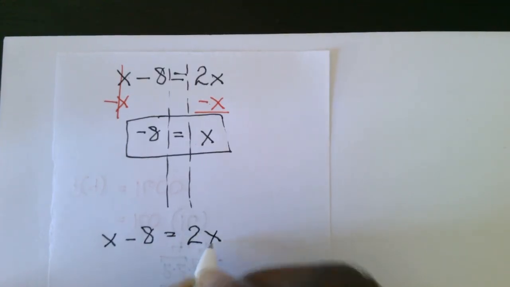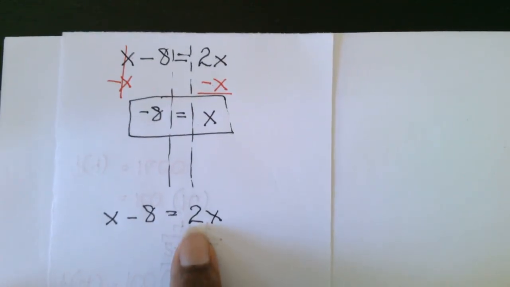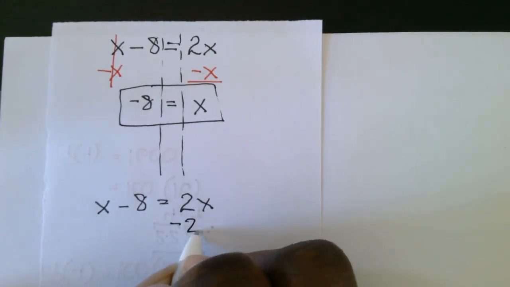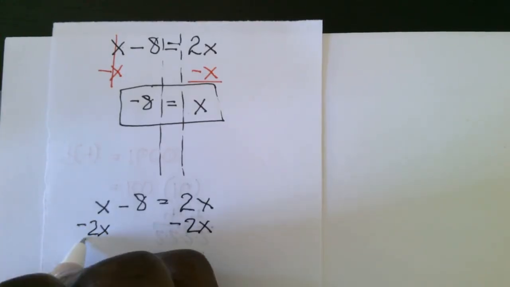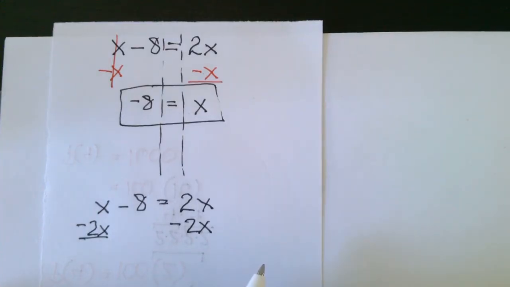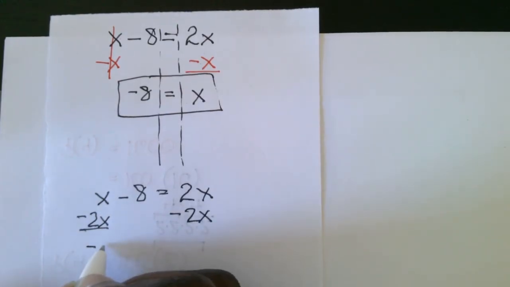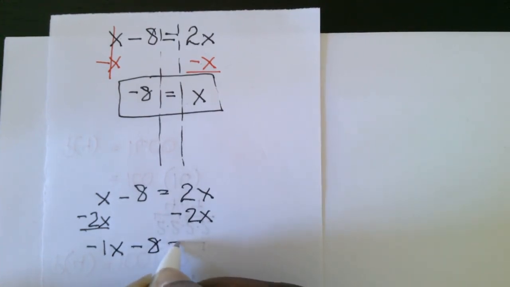I see my x's, and I always try to pull it to where my largest x is. But if I want, I could subtract that 2x. Sure, why not? But if I subtract that 2x, that means I have 1 minus 2x, so that gives me a negative 1x, minus 8 equals 0.